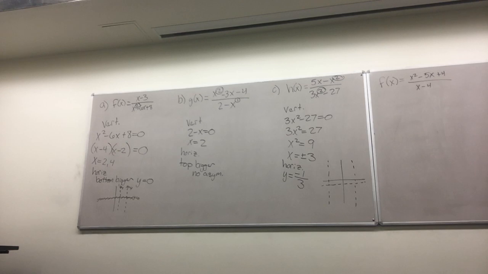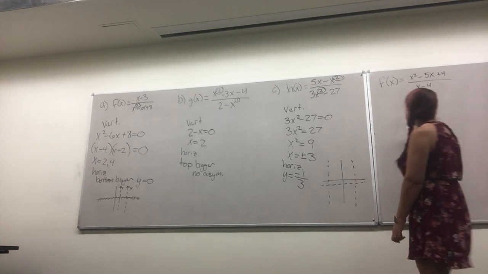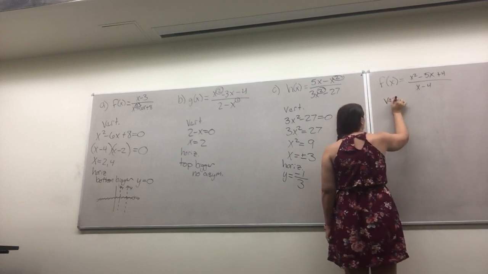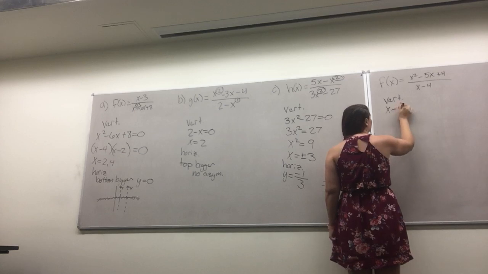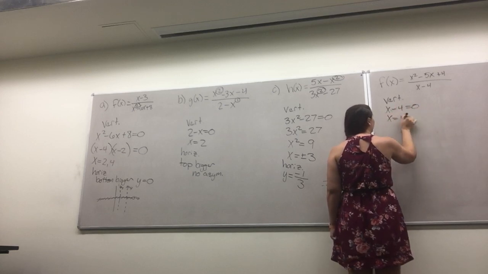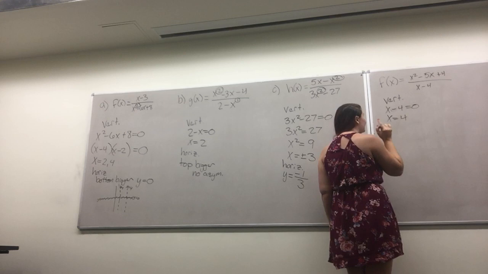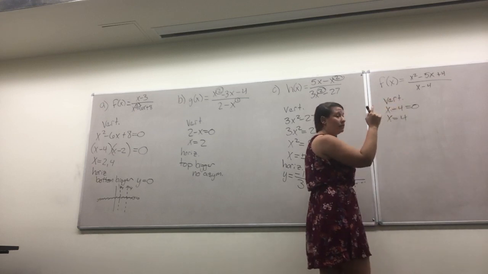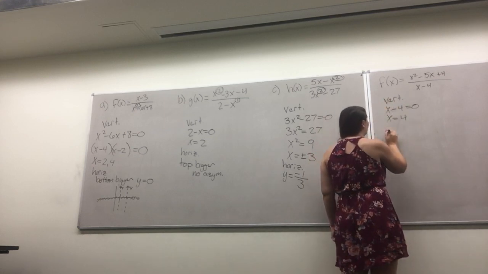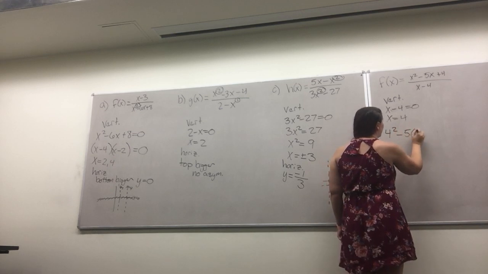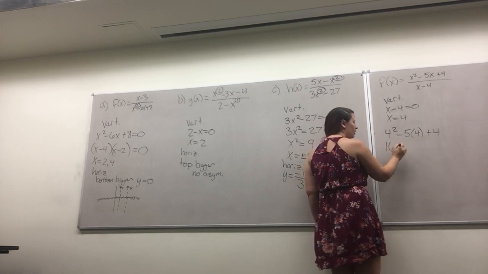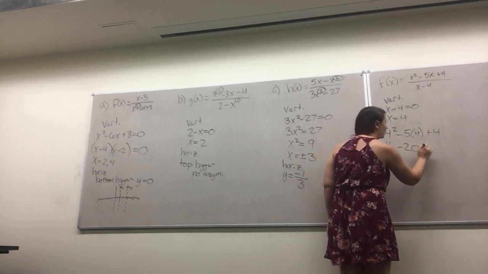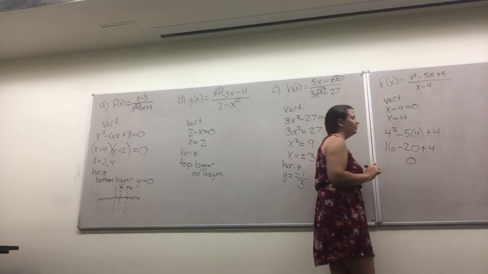So, if we go to find the vertical asymptote, we would set x minus 4 equal to 0 and get x equals 4. If we plug that into the top only, so if we do 4 squared minus 5 times 4 plus 4, we get 16 minus 20 plus 4, which is 0.